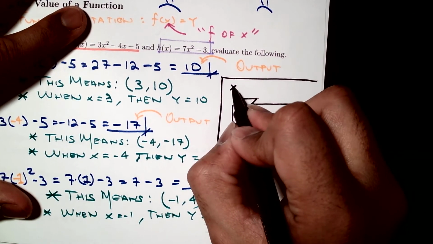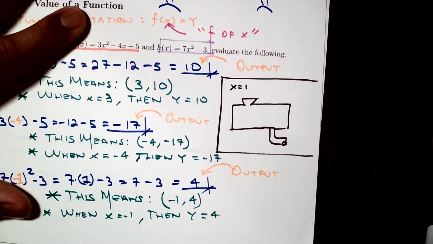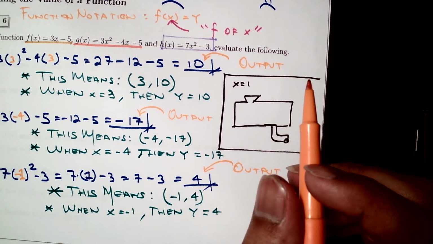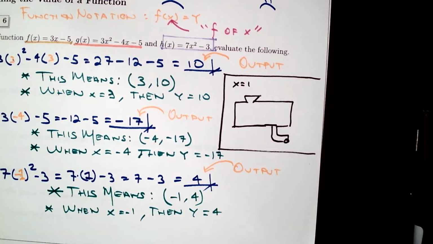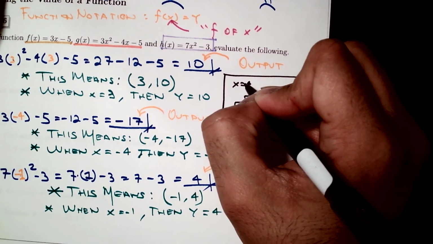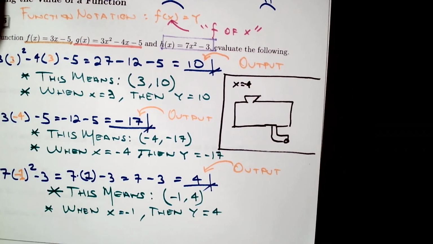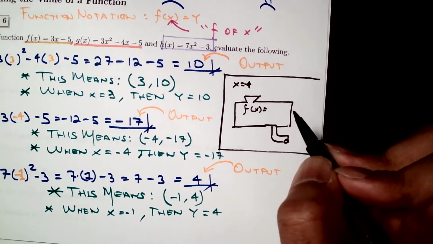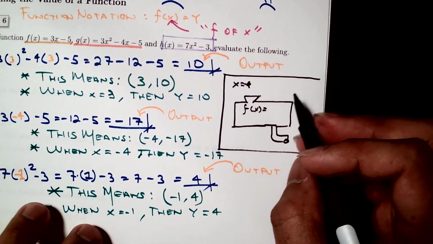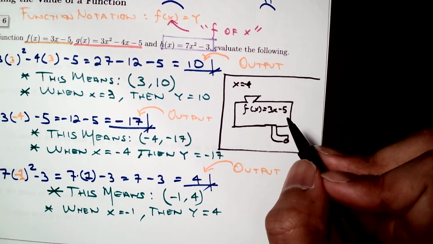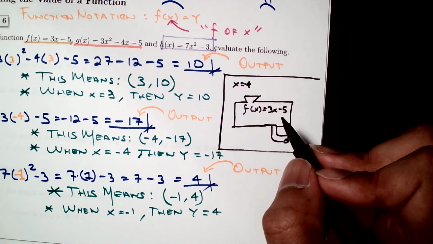I'm going to use the simple one, letter f. So it's going to be x equals -4. And in this case, f of x equals 3x minus 5. All right, now what are we going to do with this?